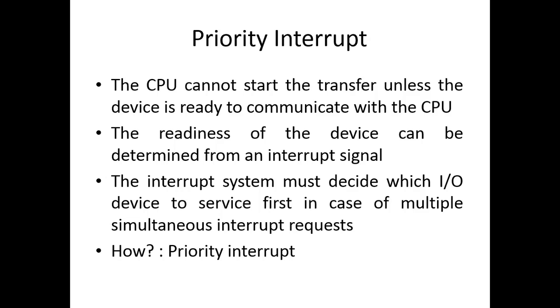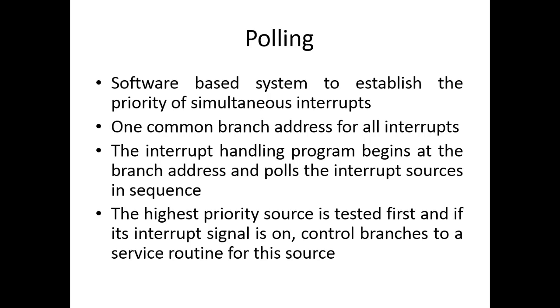These priority values are useful in case of multiple simultaneous interrupt requests. So let us see how these priorities are evaluated, and based on that evaluation, how the CPU takes a decision to serve some of the attached peripheral devices. Two methods are used for this purpose. One software-based method is known as the polling method.